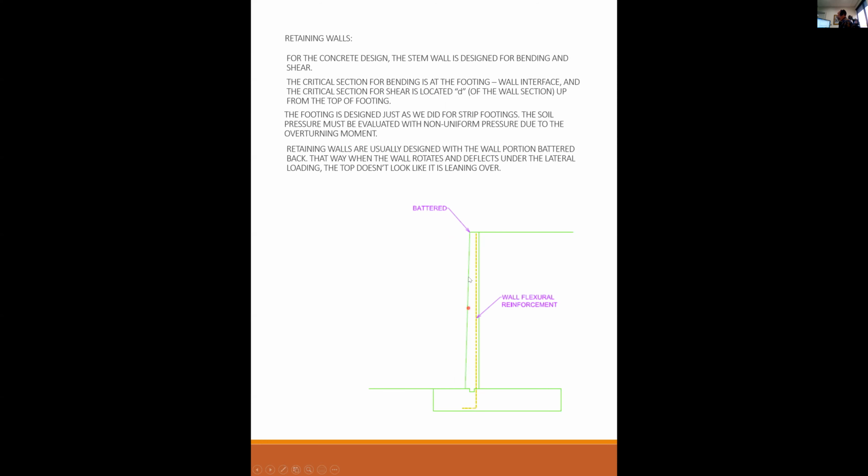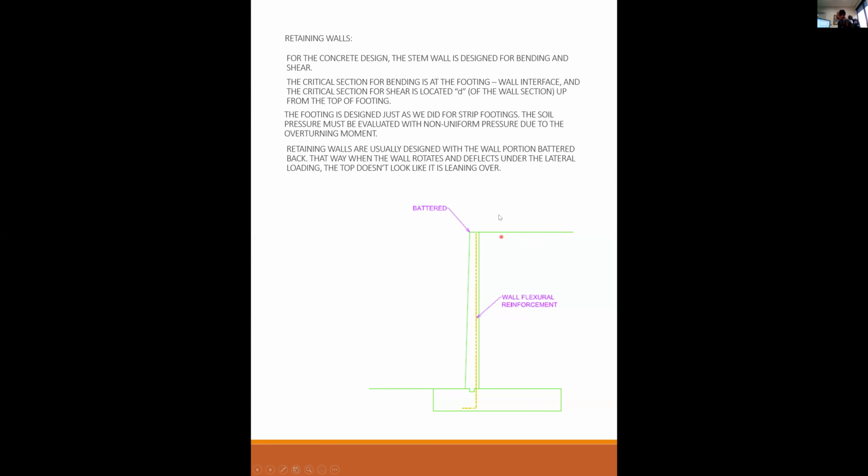And they batter them back like this, maybe 6 inches. So if this wall leans over under this loading by 2 inches, it doesn't look like the wall's about to fall over. But if you made this wall straight up and down and it's leaning over 2 inches or 6 inches, you'd think, what's wrong with that wall? Looks like it's going to fail. So that's why they batter it back like that.